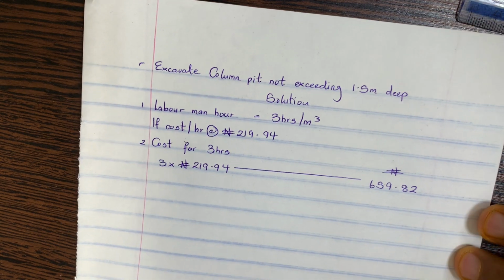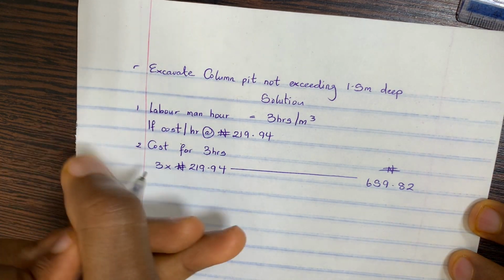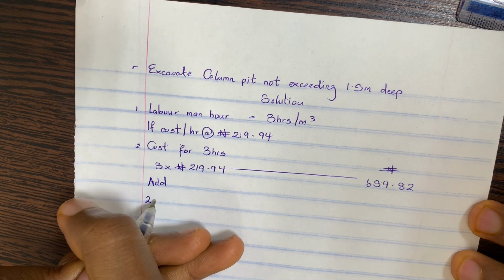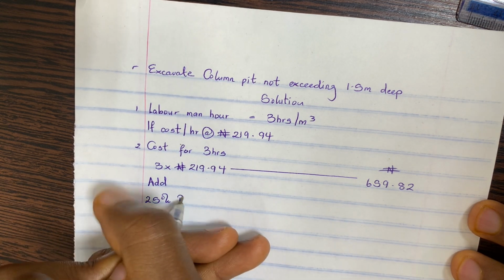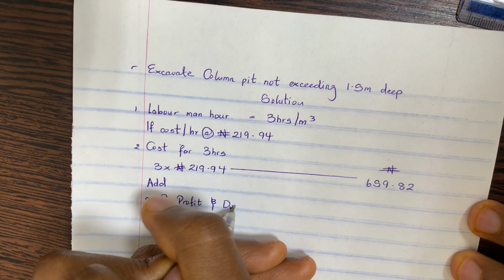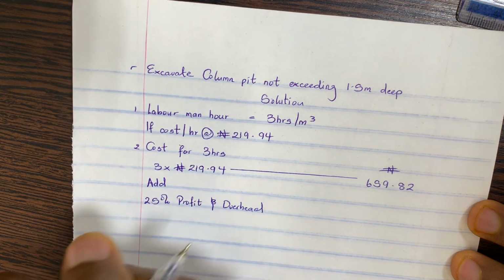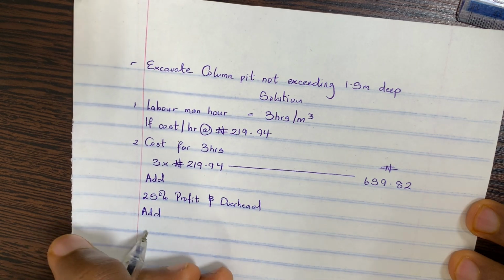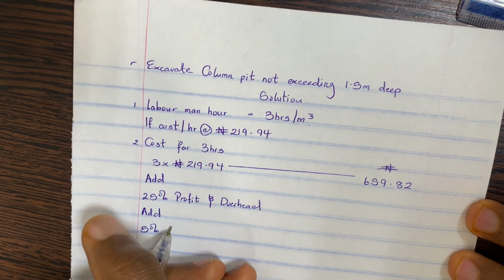After doing this, you will now add your profit and overhead. If you like, you can also add, let's say, 5% for tools.